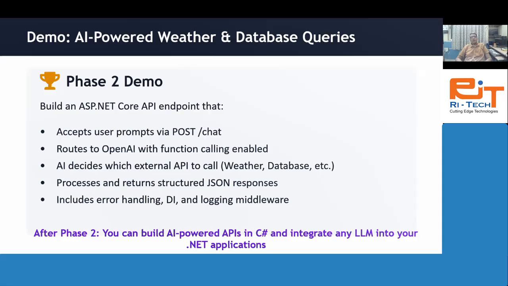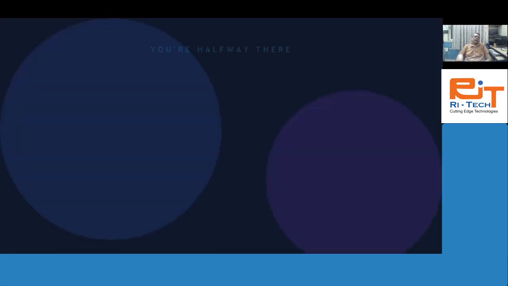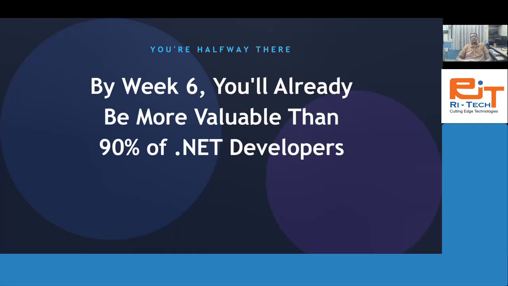Now after phase two, you can build AI-powered APIs in C# and integrate any LLM into your .NET application. Literally any LLM model, not only GPT.